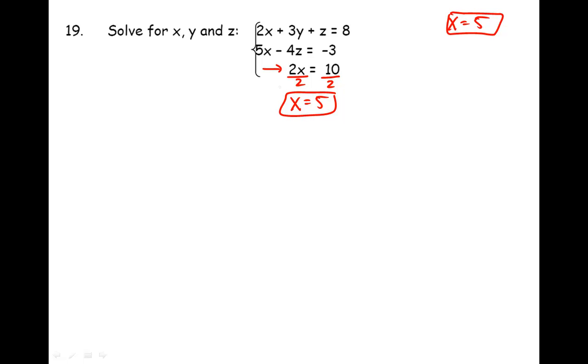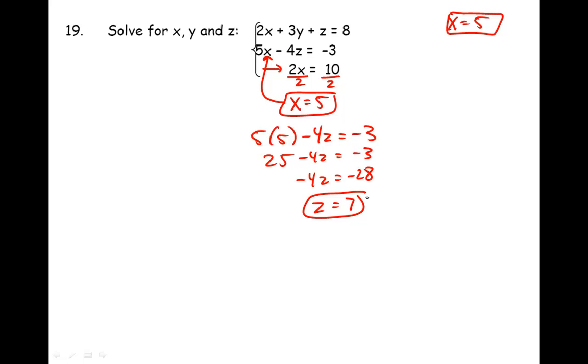Now that I know what x is, I should be aware that I could plug that right into the second equation. 5 times x minus 4z is equal to negative 3. Subtract 25 from both sides, and divide both sides by negative 4. Now I have x and z solved for.